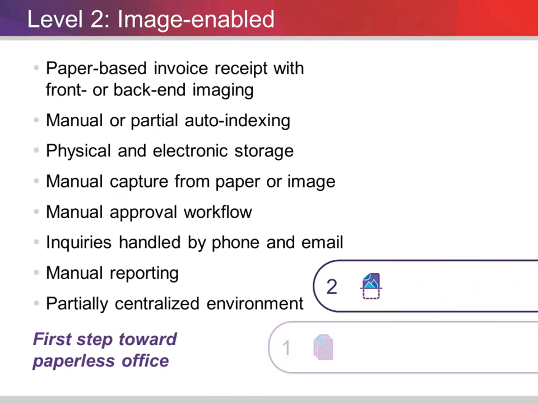The second level of maturity is image-enabled, paper-based invoice receipt with front or back imaging. It used to be that back-end imaging was the easy way for folks to dip their toe into the waters of imaging. In many cases, they were just looking to eliminate file cabinets. So this was truly a scan to archive kind of an environment.